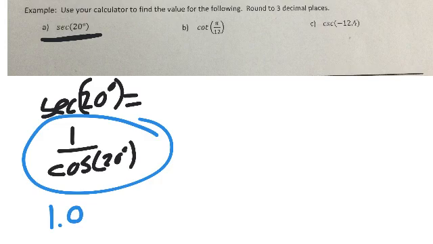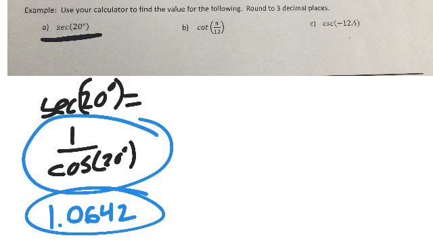Is that it? There'll probably be 4 decimal places, I'm going to guess. Let me look at your homework. Round to 4 decimal places. So 1.04, 0.64, 2? I'll take your word for it.